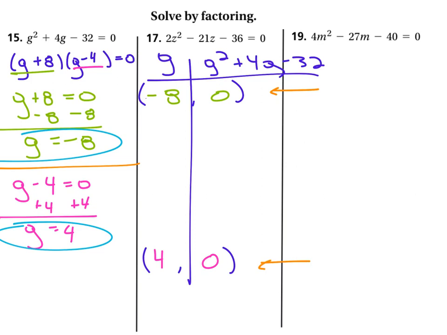And anything else in between, if we tried -7, -6, -5, -4, all the way up, 1, 2, 3, getting to 4, what would happen is you would get non-zero numbers for the output, because those aren't landing on the x-axis.